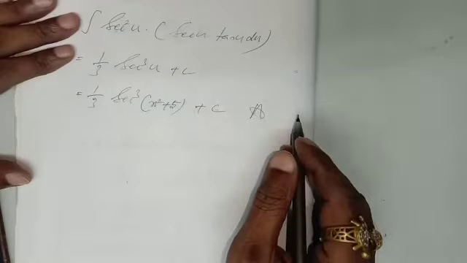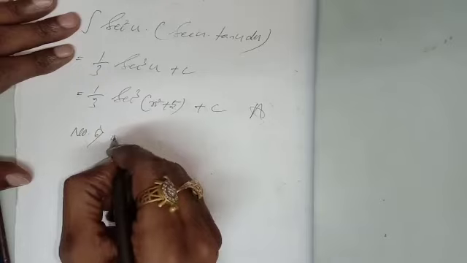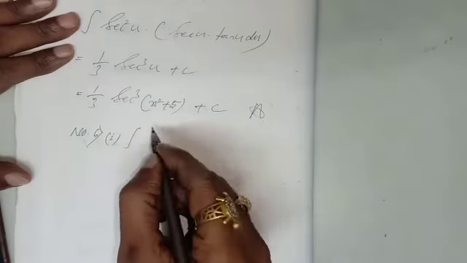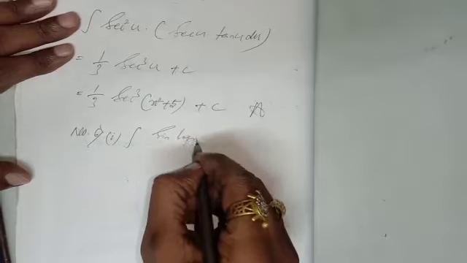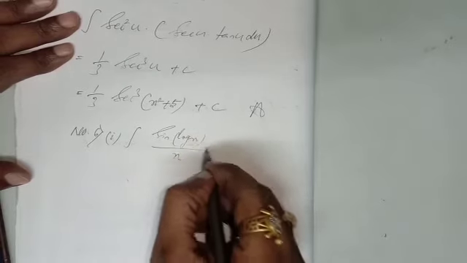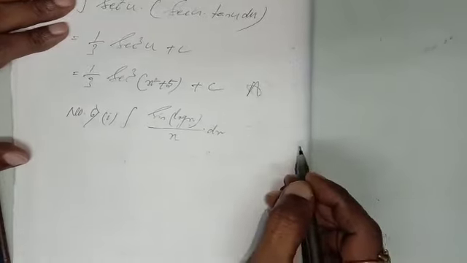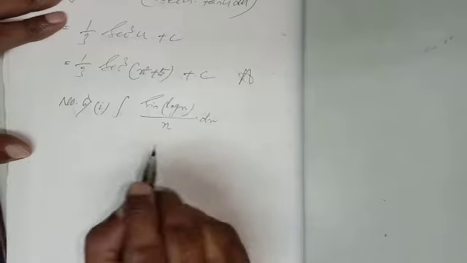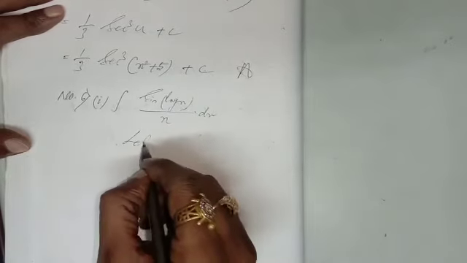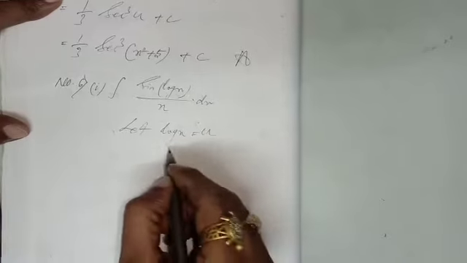Next I am going to number 6. Question number 6, first part, it is given integration of sine of log x divided by x whole into dx. This is the question given. Do one thing, let log x be u. So what is the derivative of log x?